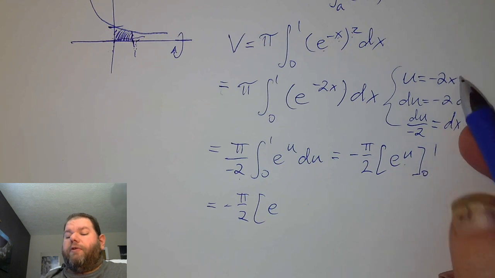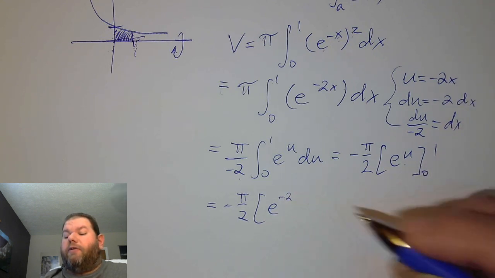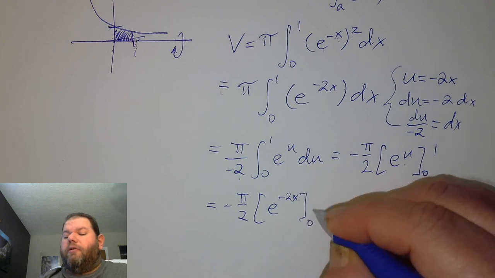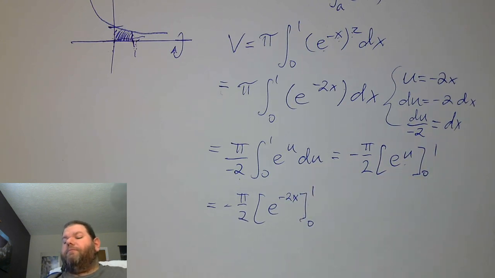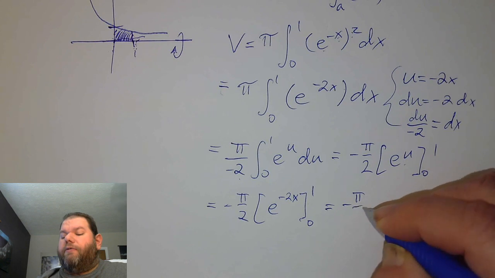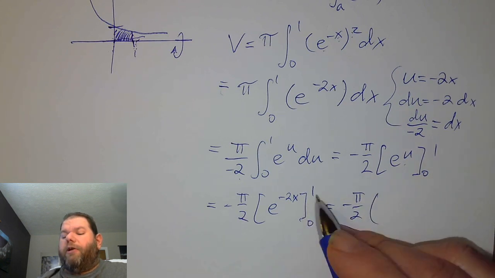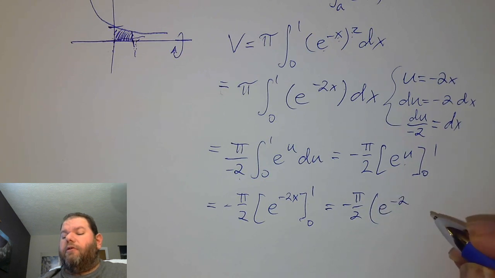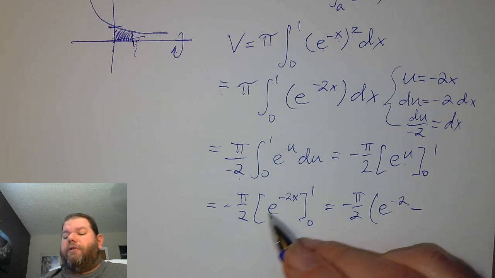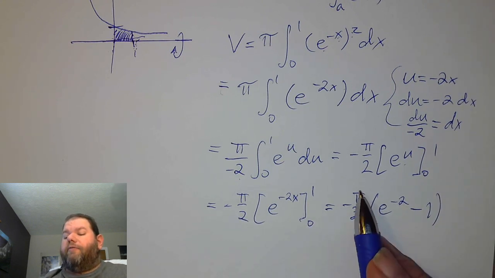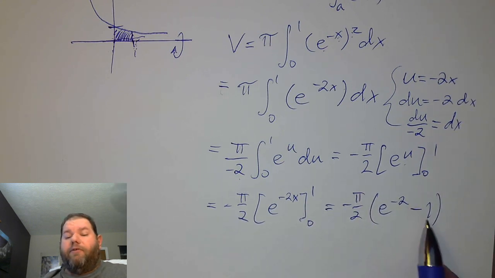Replacing u with e to the negative 2x, that's from 0 to 1. Now, so we get negative pi over 2. Now, if we plug in the 1, we get e to the negative 2. And if we plug in 0, e to the 0 is actually just 1. So we get negative pi over 2 times e to the negative 2 minus 1.